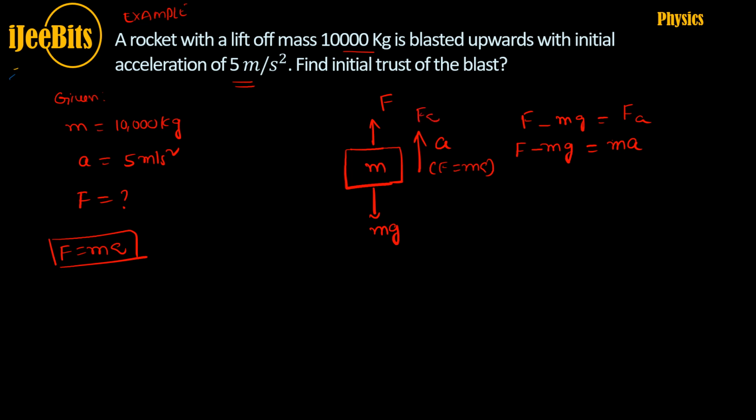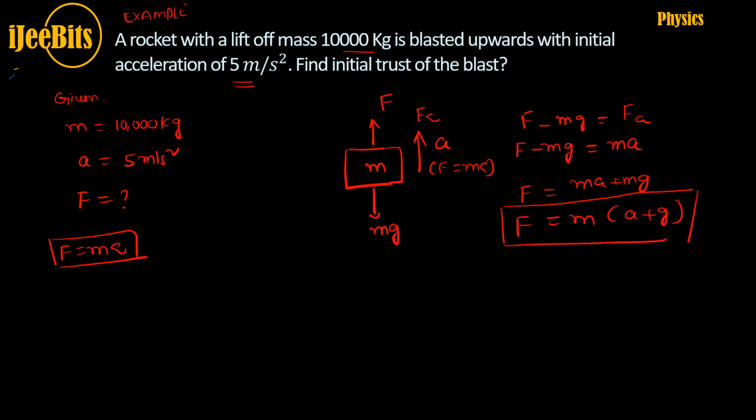Now F equals ma plus mg. Taking m common, m times (a plus g). This is your net force. So you have to calculate using this formula for the force in our case. Ma is not sufficient; you have to add mg as well.